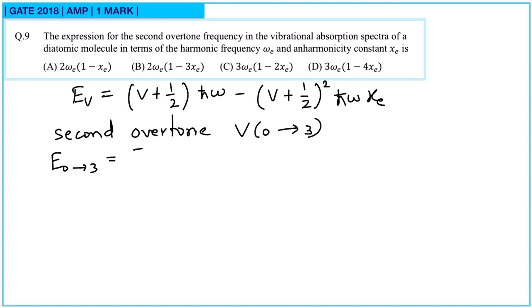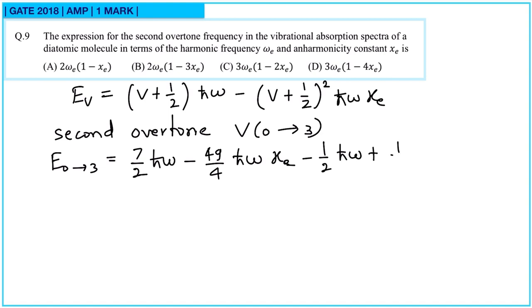So first put v is equal to 3 here. So 3 plus half is 7 by 2, h cut omega, minus 7 by 2 square, that is 49 by 4, h cut omega chi E, minus, for v equal to 0, half h cut omega, minus, it will be plus, half square is 1 by 4, h cut omega chi E. This comes out to be 7 by 2 minus 1 by 2 is 6 by 2, that is 3.